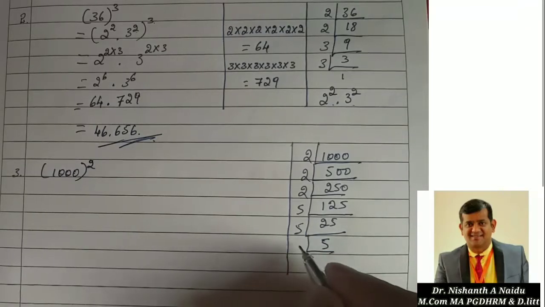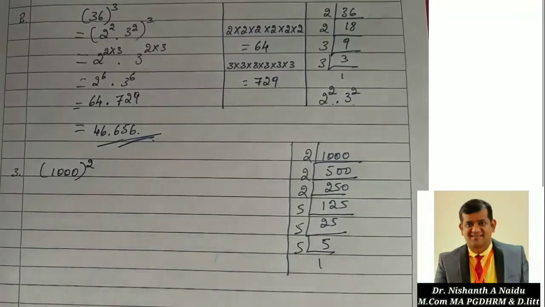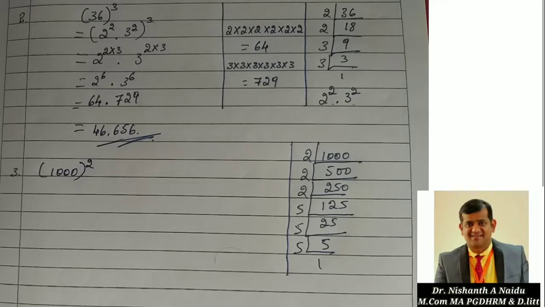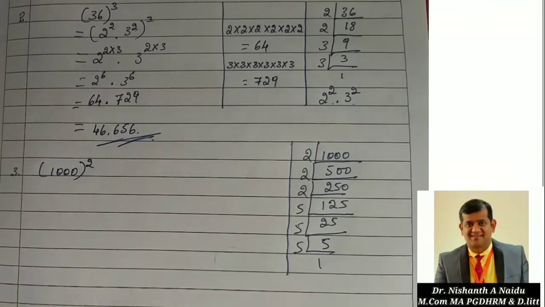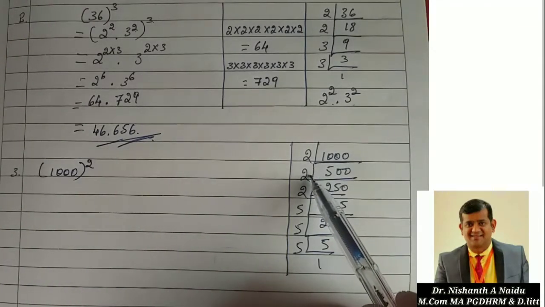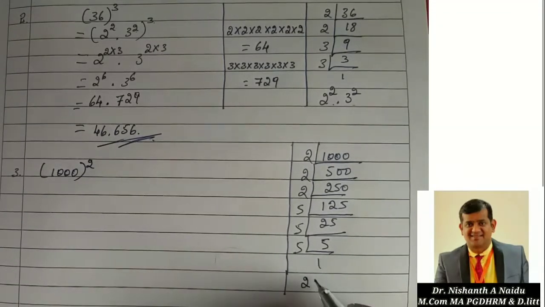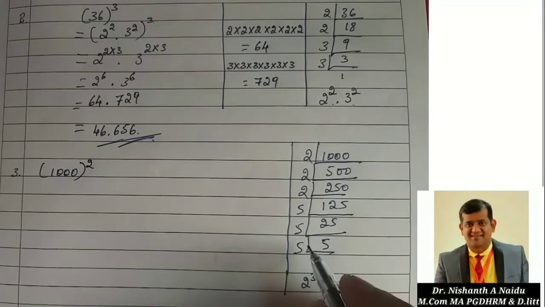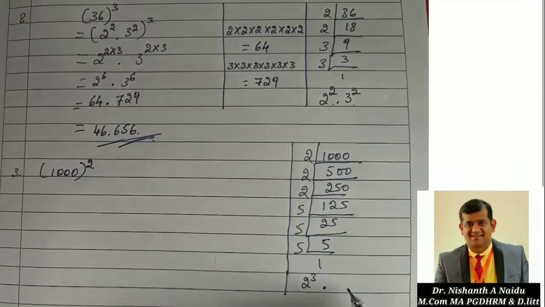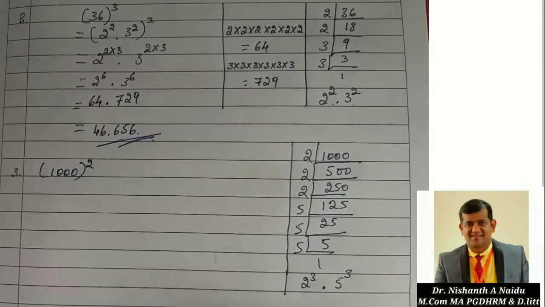Then 5 1s are 5. So now we got the LCM value. How many times 2 you have? 1 2 3. So your answer is 2 to the power of 3 into, how many times 5 you have got? 1 2 3. 5 to the power of 3.